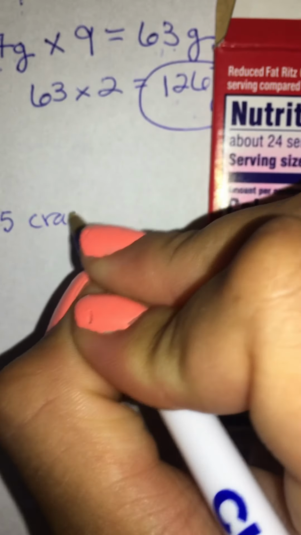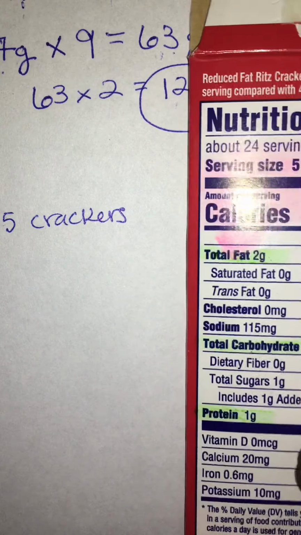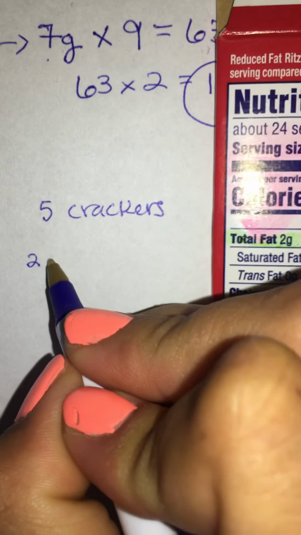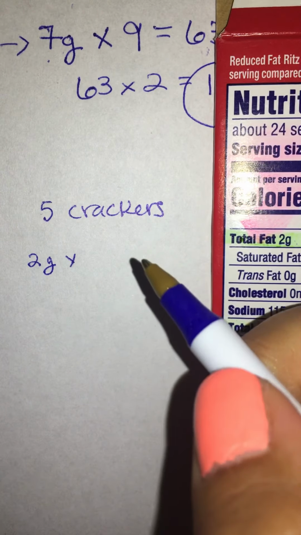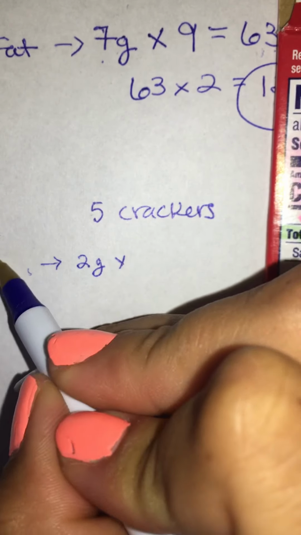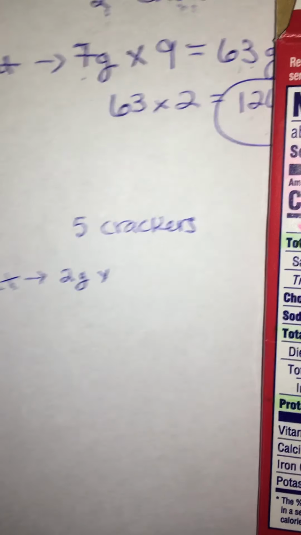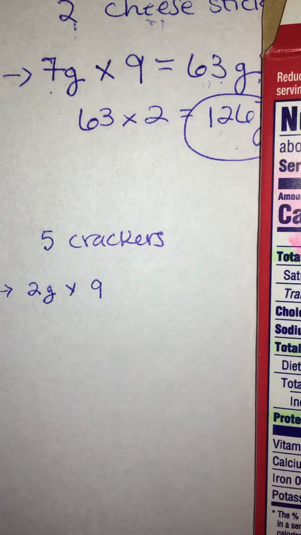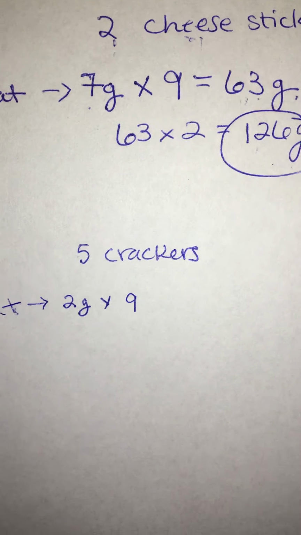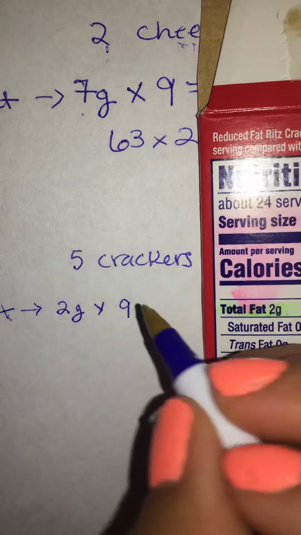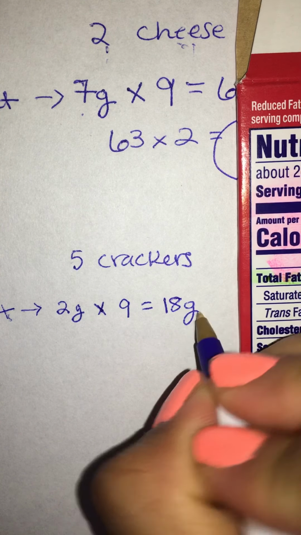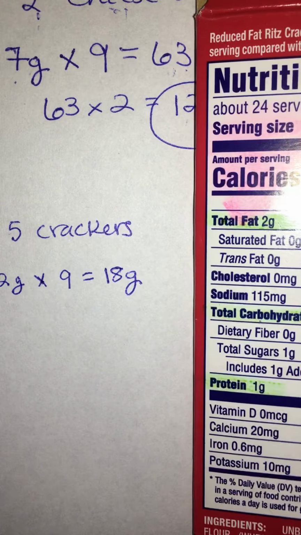We have 2 grams of fat, times 9, and we get 18 calories.